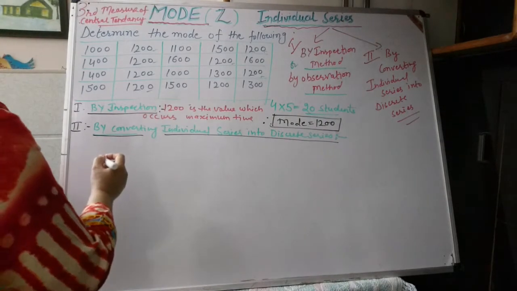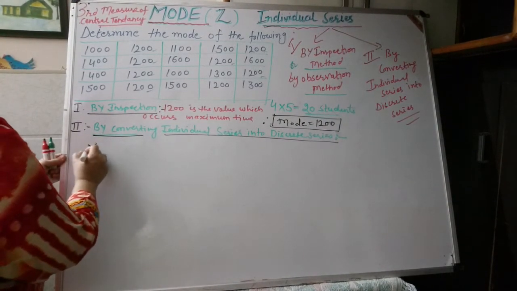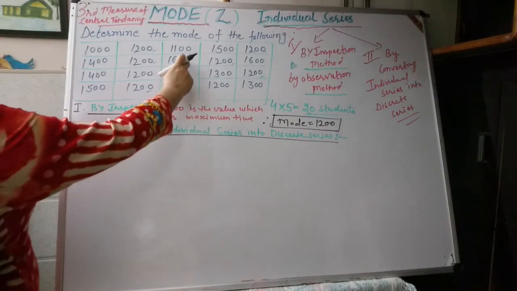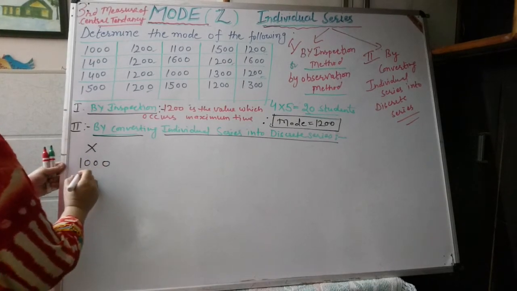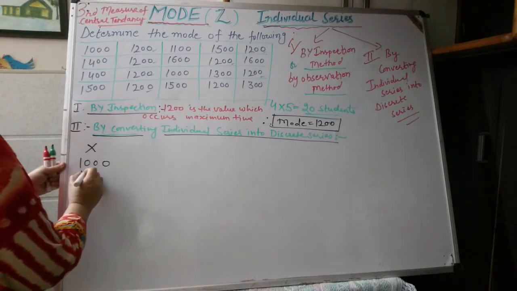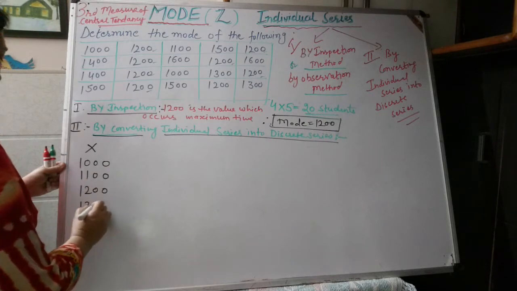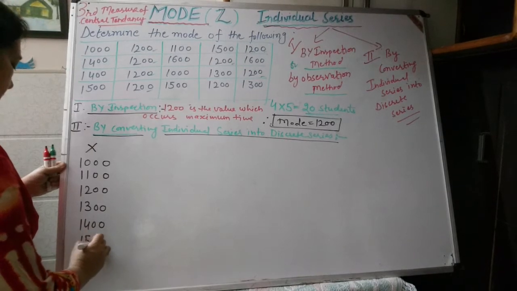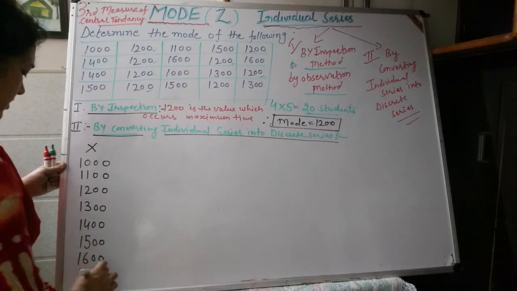For the individual series, let us write down the values of x. Approximately maximum value is 1600, 1000, 1100, 1200, 1300, 1400, 1500, 1600, 1700.